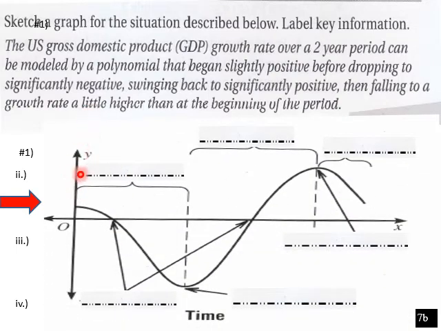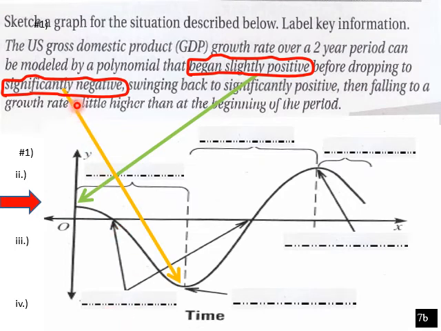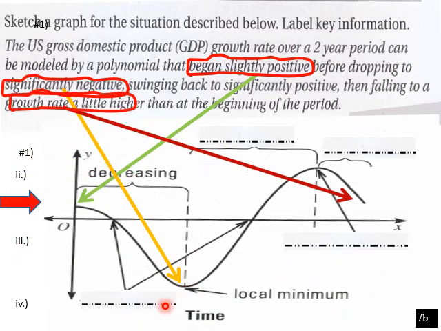Okay, here's the guided practice situation. Here is our graph of this situation. It began slightly positive, which is here. And then significantly negative down here. So this will be a decreasing part of the graph. This will be a local min. Then over here, the growth rate is a little bit higher. So we go up here and then we flatten down here a little bit. A significantly positive area from our local min, it grows.